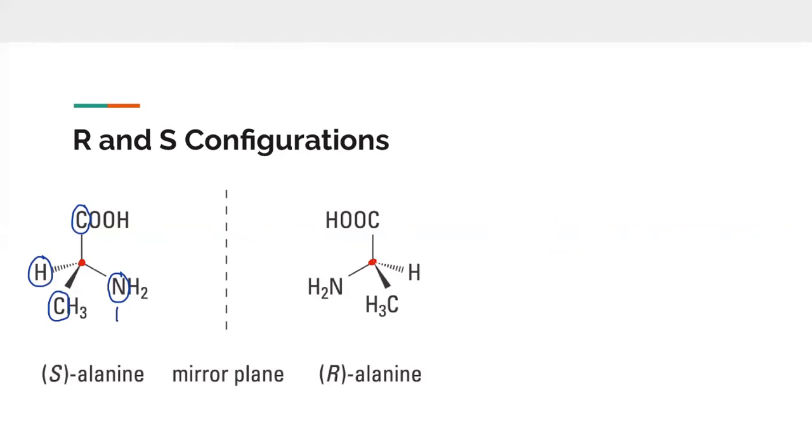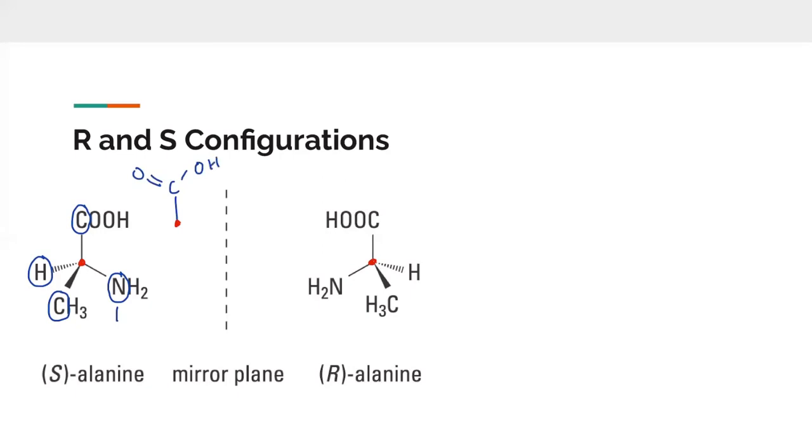It's always a good thing to draw out all functional groups if you're not super familiar with them. If we draw out this carboxylic acid group, we'll see that we should have something like this, where again the red denotes the chiral carbon. We'll have a carbon here, oxygen, hydrogen.